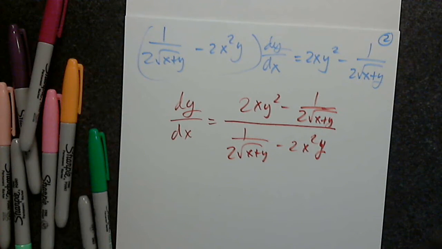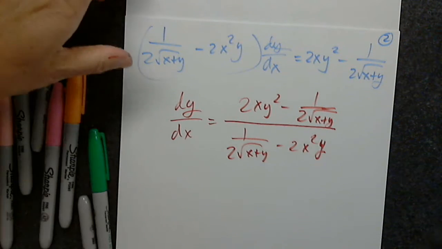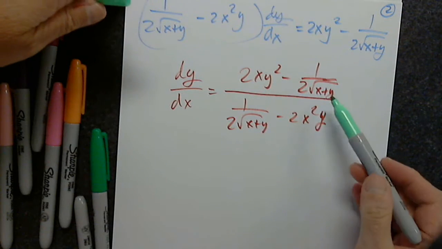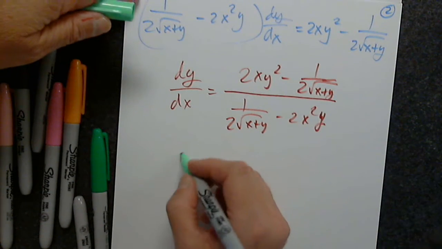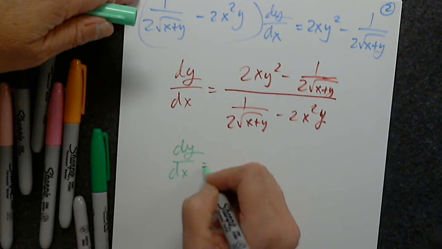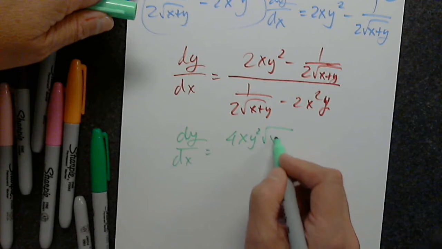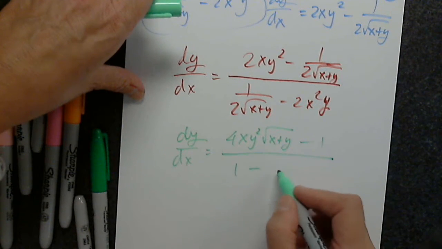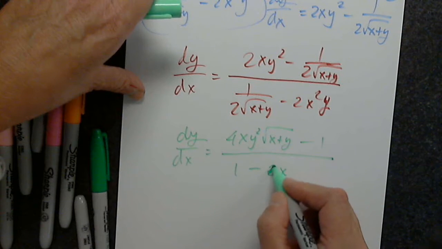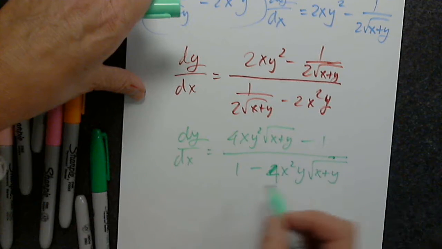I will eliminate denominators. So if you want to multiply and divide, multiply the top and the bottom by this quantity, then I will get dy over dx is 4xy squared the square root of x plus y minus 1 over 1 minus 2, not 2, 4. 4x squared y the square root of x plus y. And this is it.